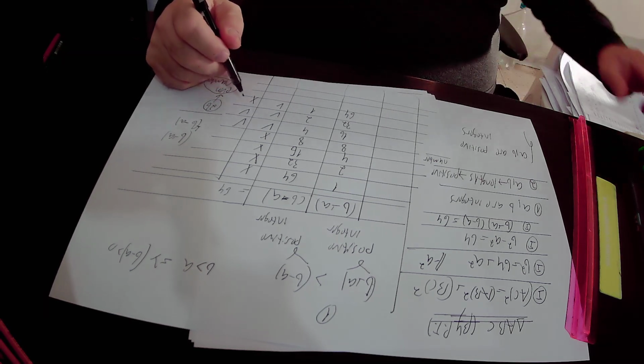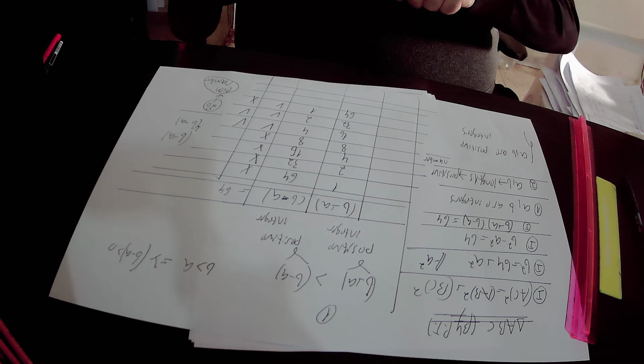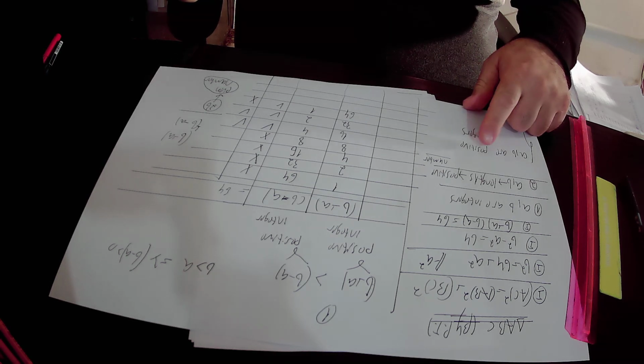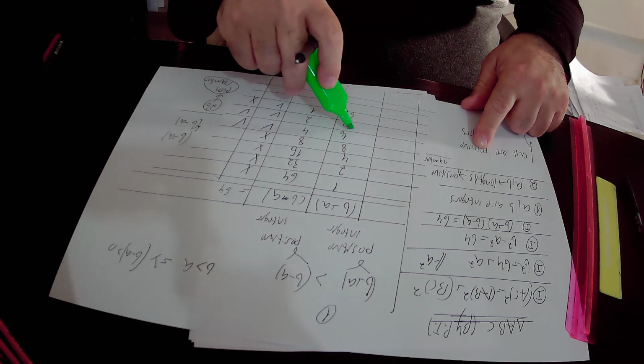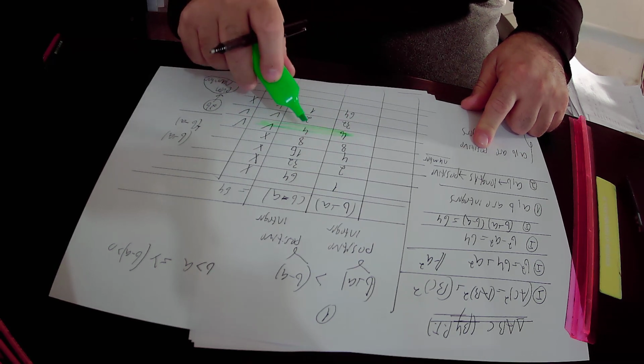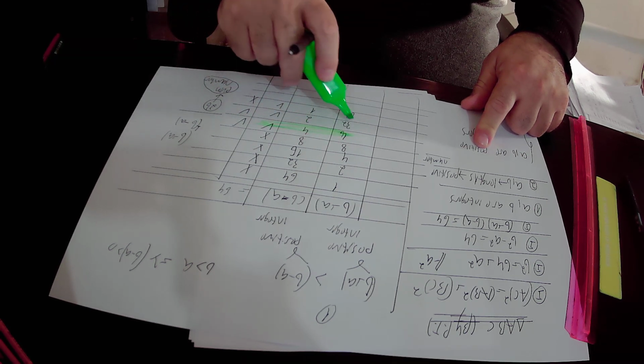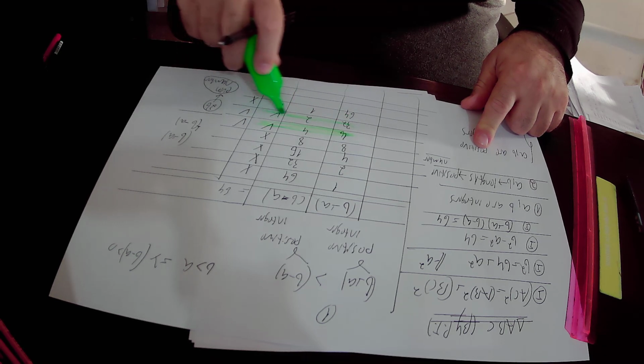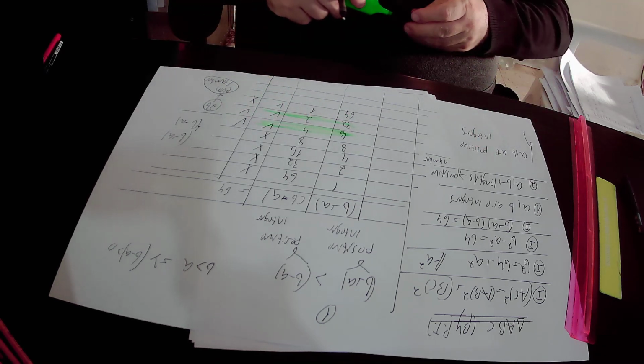So we are left with only two possible options for b plus a and b minus a. Either b plus a equals 16 and b minus a equals 4, or the second option is that b plus a equals 32 and b minus a equals 2.